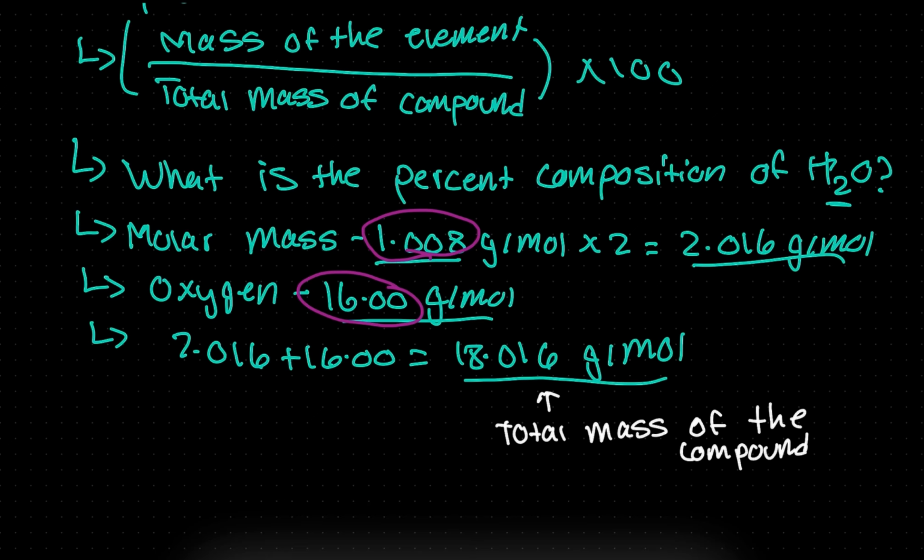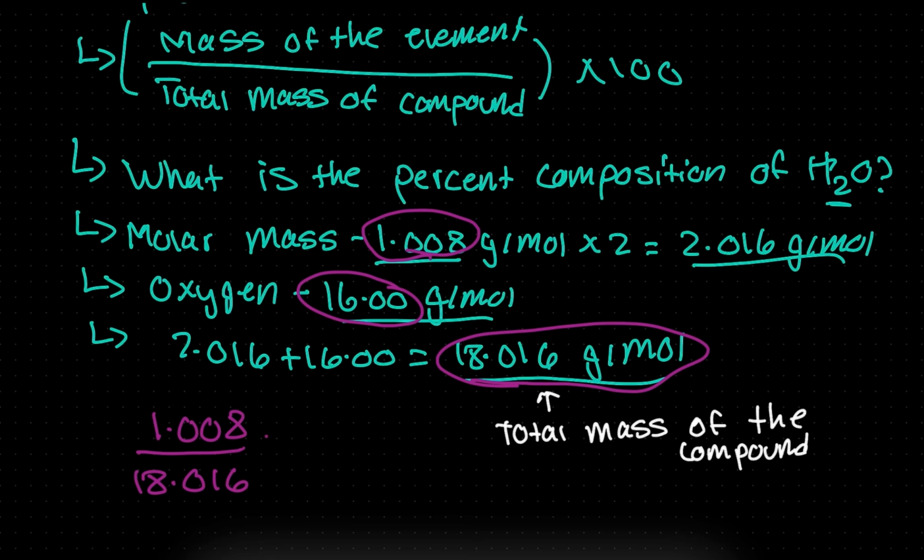We would set this up as 1.008 over the total mass, 18.016, which is equal to hydrogen's percent composition, and multiply this by 100.